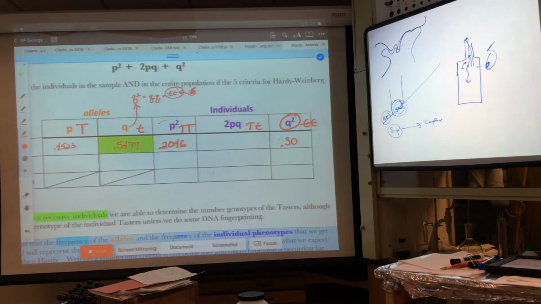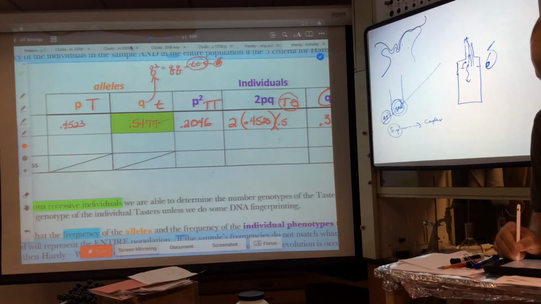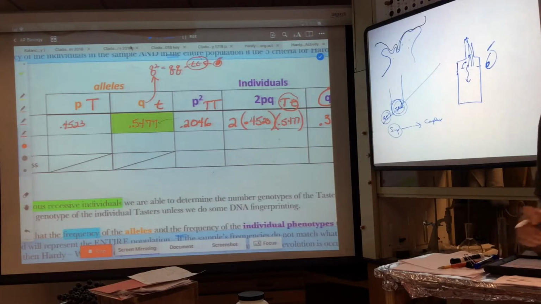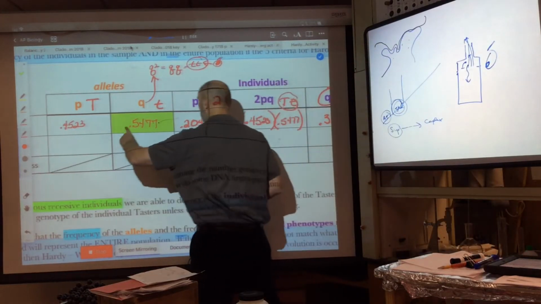And then my 2PQ individuals, notice the 2, so I'm going to take 2 times my P, which is 0.4523, and I'm timesing it by the Q, which is 0.5477. I definitely did not give myself enough room, so all I'm doing is 2 times this times this.